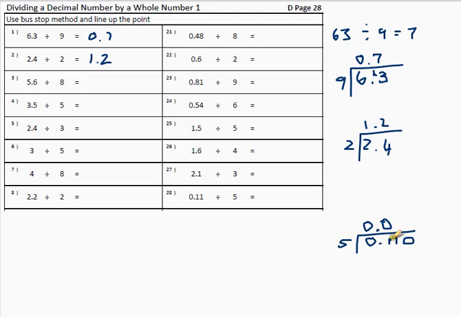And my remainder is 1. 5 goes in 11 how many times? 2 times. 2 times 5 is 10. There's one remainder. 5 goes in 10 2 times. So it is 0.022.